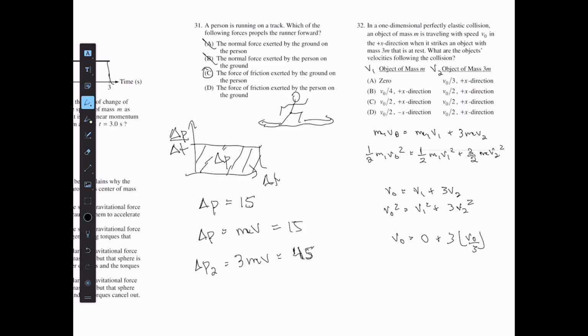Yeah, that works. v0 over 4 and v0 over 2. v0 over 4 plus 3 times v0 over 2. No, that's not true. Those are not equal. What about v0 over 2 for both of them?